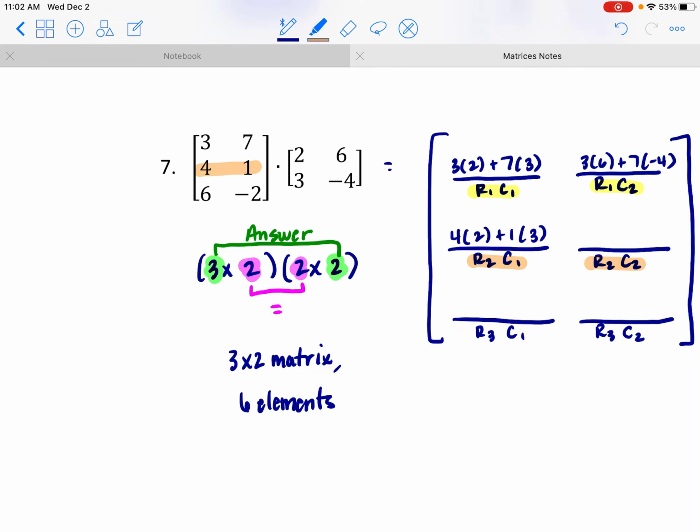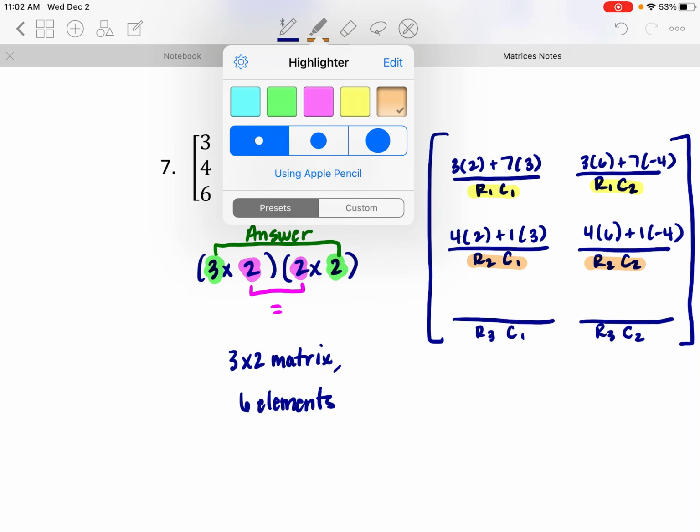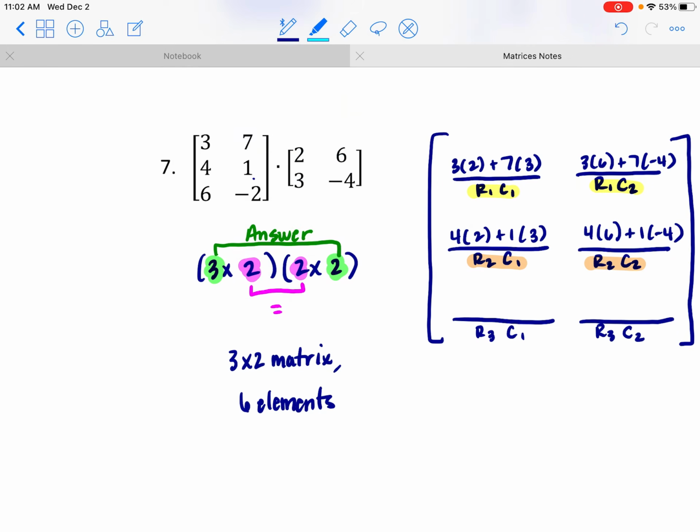That's 4 times 6 and 1 times negative 4. And we're getting there. Last, what did I not use? Blue. Let's go row 3, column 1. 6 times 2, negative 2 times 3. 6 times 2 plus negative 2 times 3.